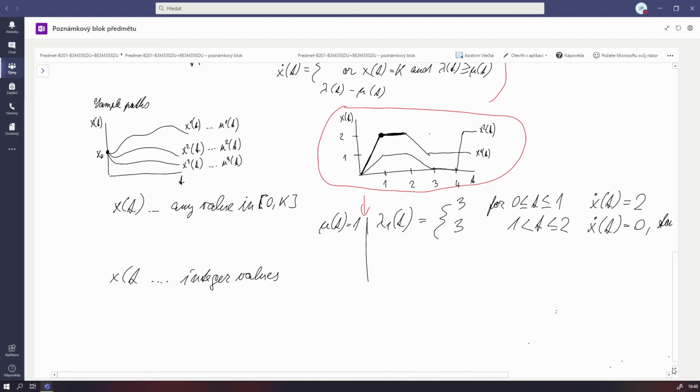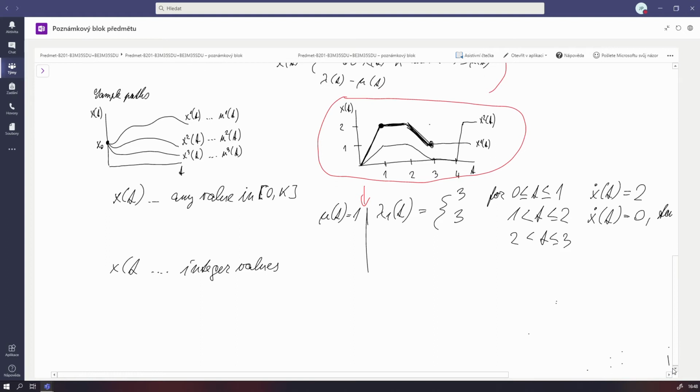If we take the next part from 2 to 3, then the dynamics is -1, so that lambda will be 0.